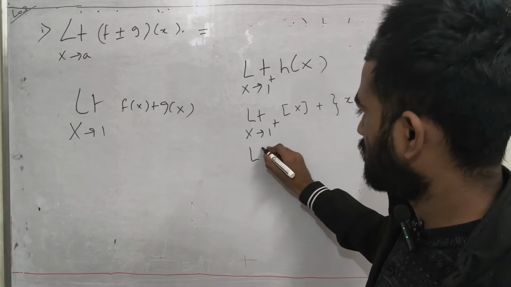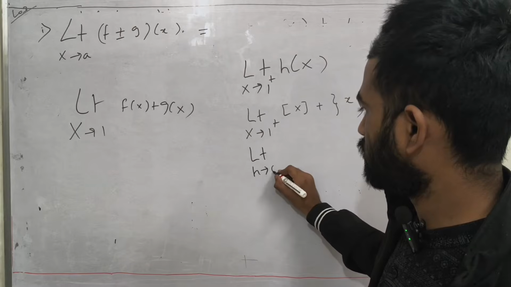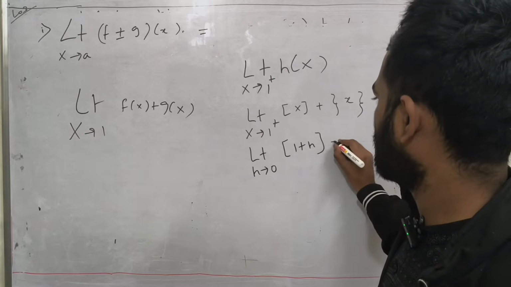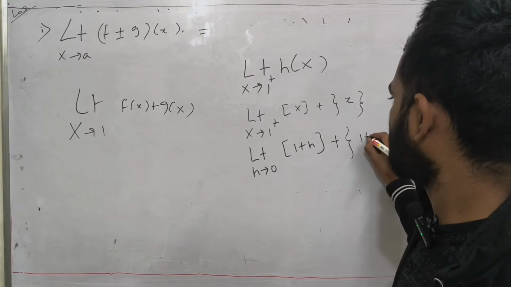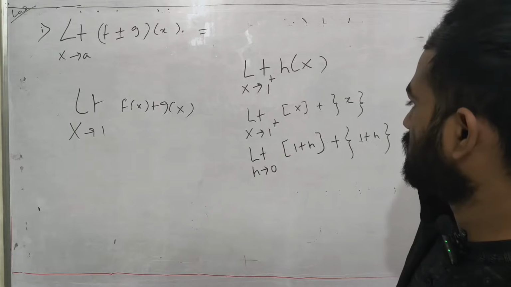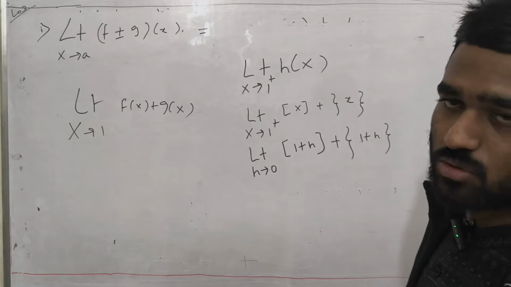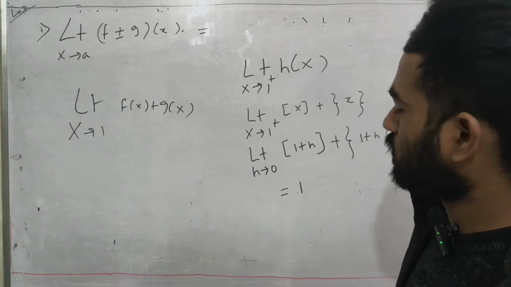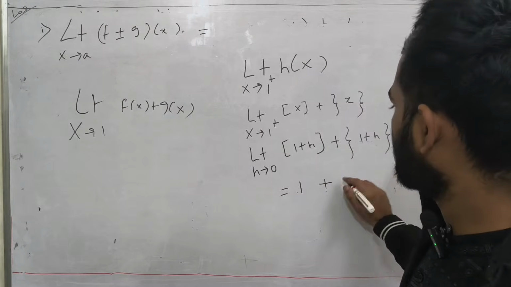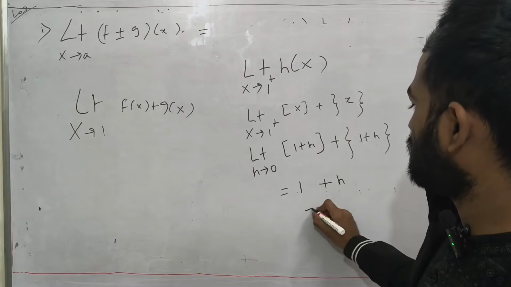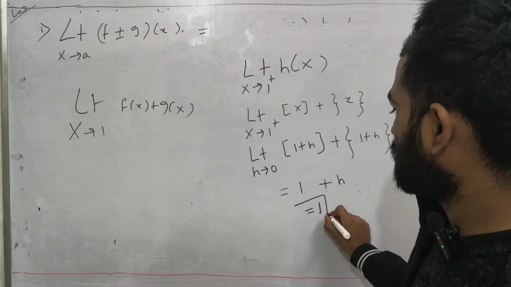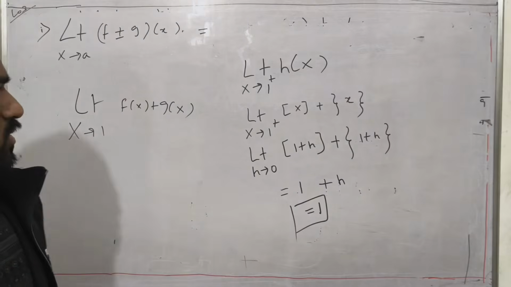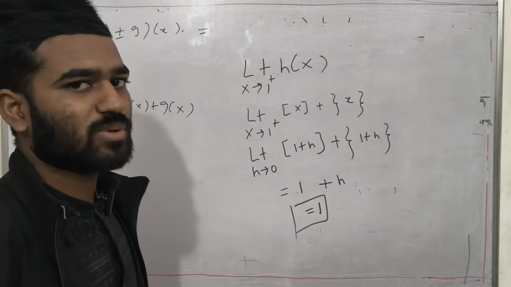And it is limit h tends to 0 of step of 1 plus h and flower part of 1 plus h. Okay, step of 1 plus h is equal to 1 because h is positive and small, and the flower part is equal to h. Since h is small, this tends to 0, so the total tends to 1. समझ में? Good. Understand? So I know you people get confused.